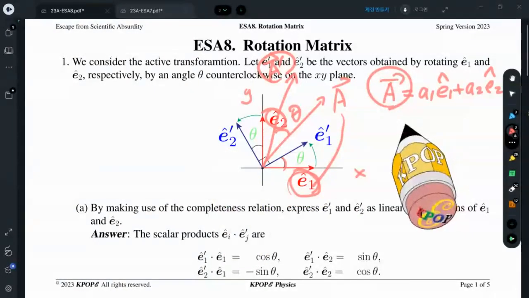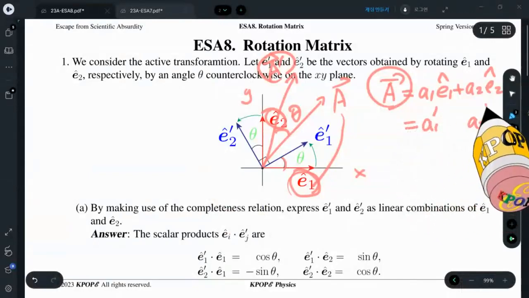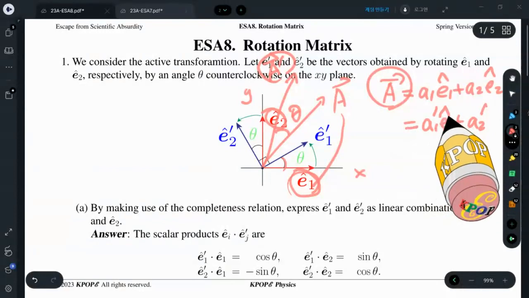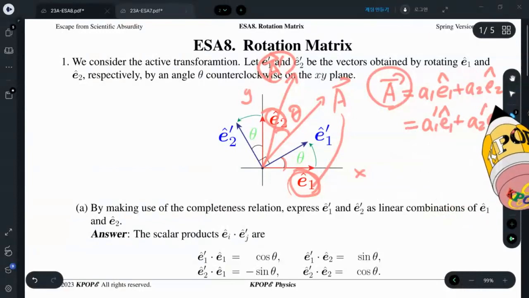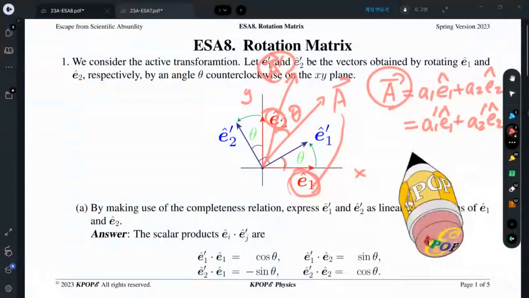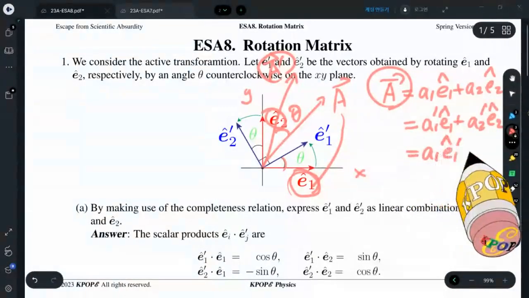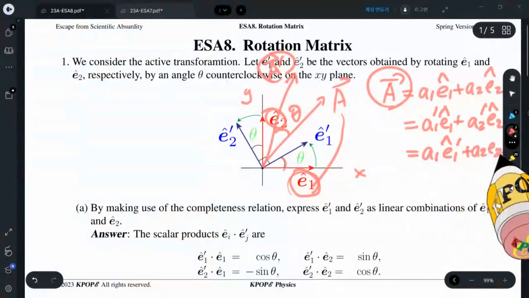So after rotation, I would get A1 prime, A2 prime. In this case, I do not change this. Or this is true, A1 E1 prime, A2 E2 prime.